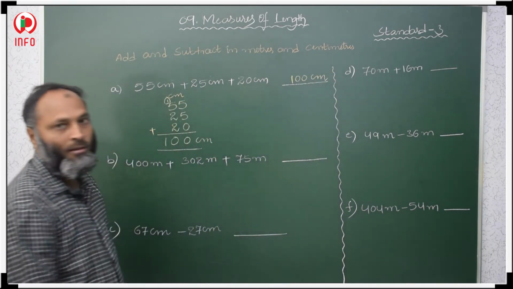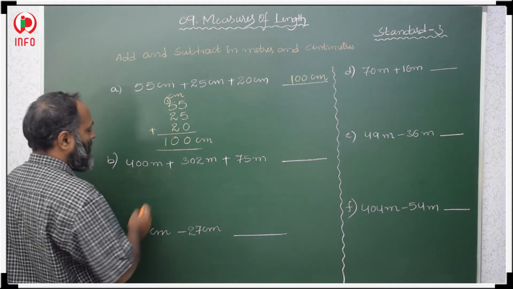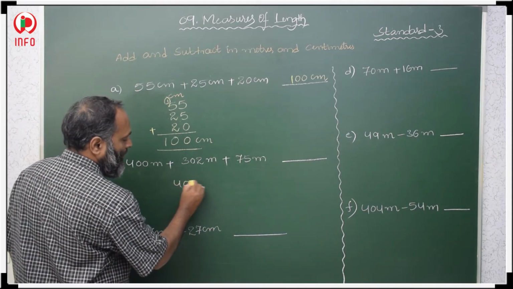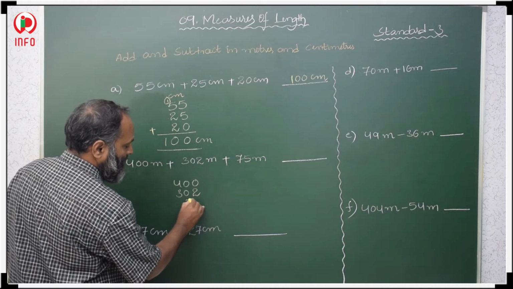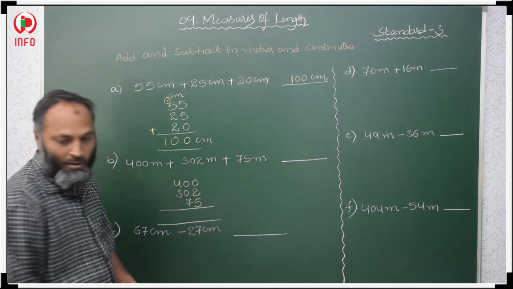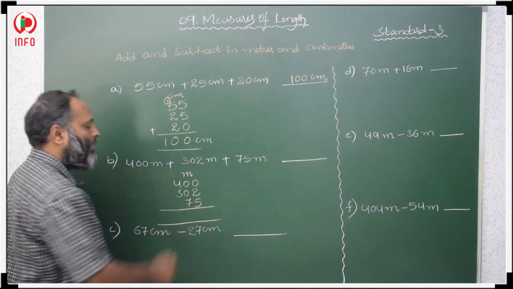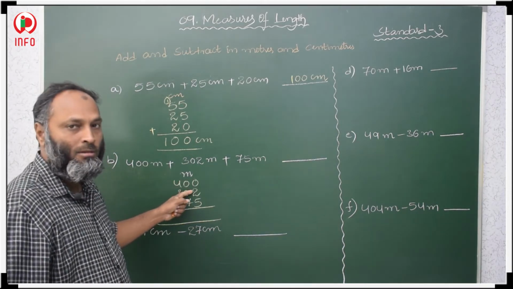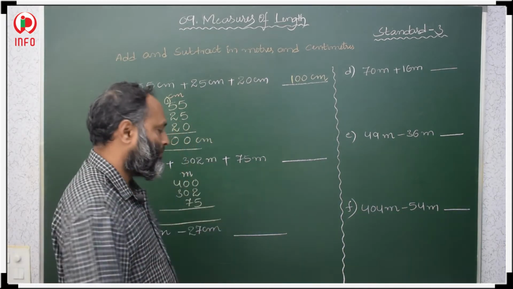Now add 400 meters, 302 meters, 75 meters. All these three we have to add. All these are in meters. Add the unit place first, the 1's place: 0 plus 2 is 2, 2 plus 5, 7.